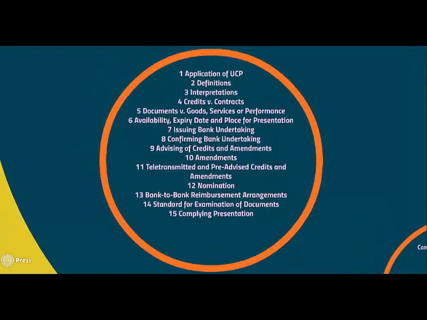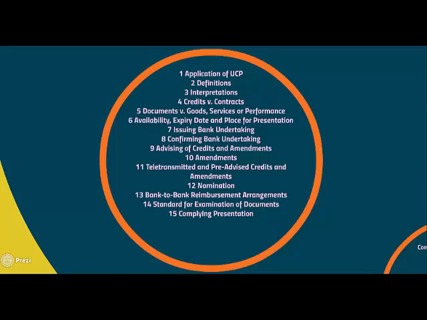What does the UCP look into? UCP has 39 articles. It looks into when the UCP articles are applicable, the definitions of certain terms, interpretation of certain words and usages, the difference between credit and contracts, how the documents or the goods are dealt with by the various parties, what is the availability of the credit and what's the expiry date and place for presentation. What are the responsibilities of these parties in the form of undertaking?